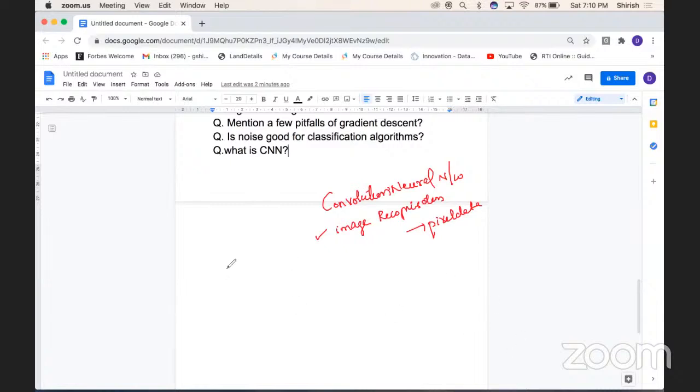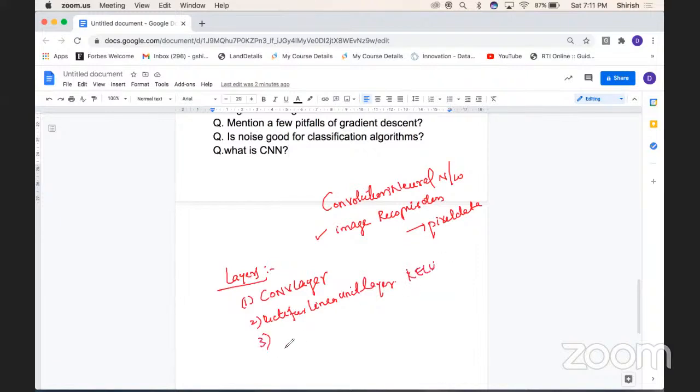So if we talk about the layers associated with convolution neural network, you have conv layer, you have rectifier linear unit layer, which we call ReLU.